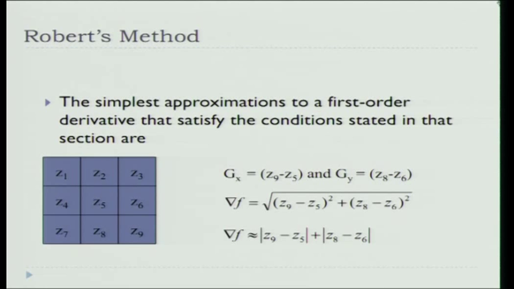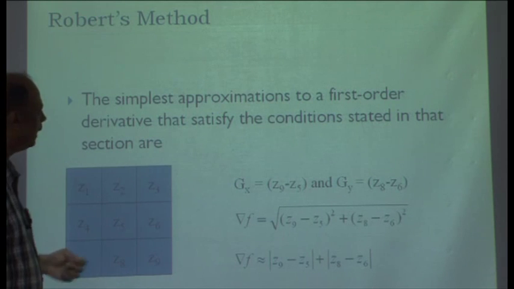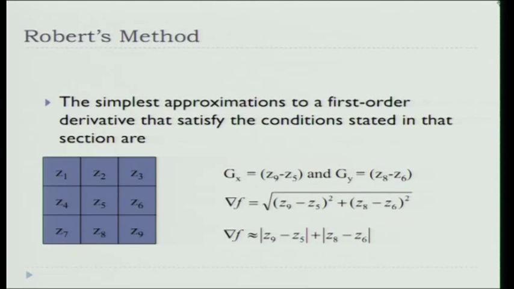As you know, the magnitude is the square root of gx squared plus gy squared, that means the square root of (z9 minus z5) whole squared plus (z8 minus z6) whole squared, right. That will give you the edge strength or magnitude. Because it involves a lot of squares and a square root, you can also estimate it by the absolute difference of z9 minus z5 plus the absolute difference of z8 minus z6. That also will give you the difference operator value.